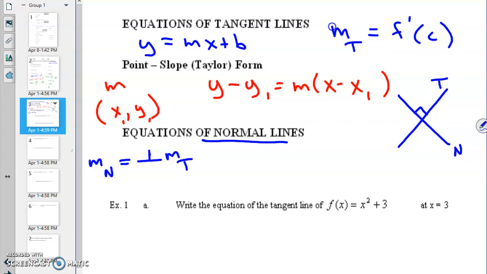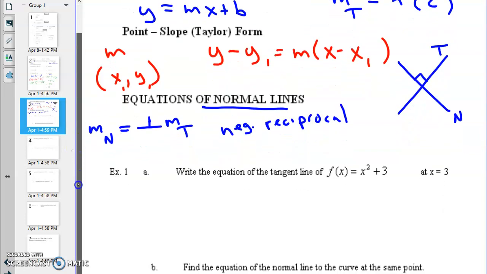So when we find the equation of a normal line, it's going to pass through the same point. So the point's not going to change. It's just going to have a new slope. And what's the relationship between the slope of 2 things that are perpendicular? Negative reciprocals. So for example, if the tangent slope was 1/2, the normal slope would be negative 2 over 1 or negative 2. All right, let's get working.